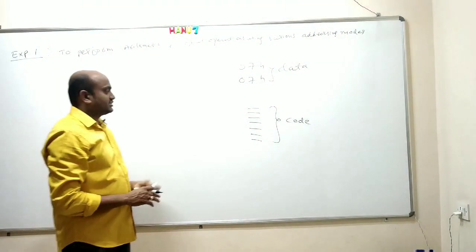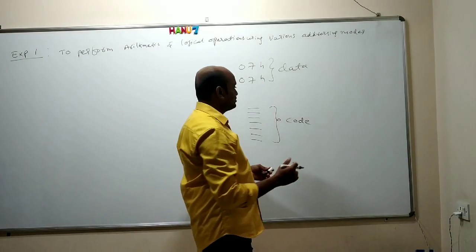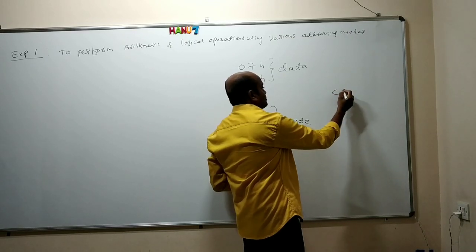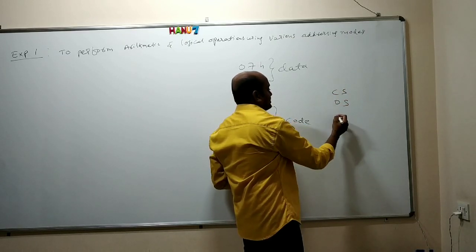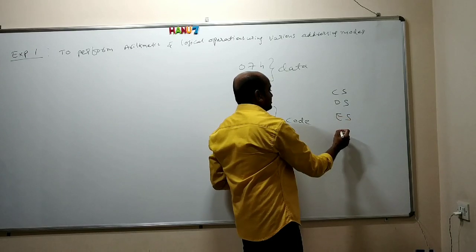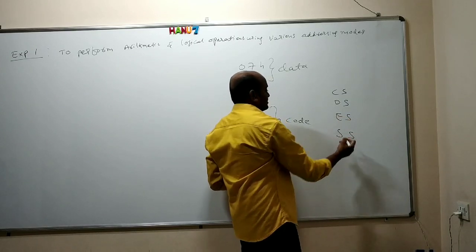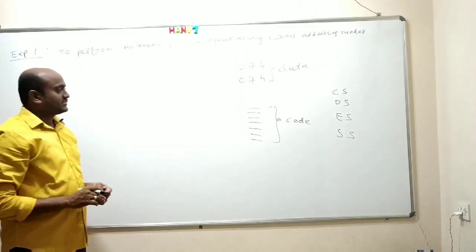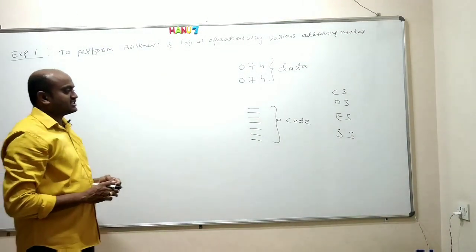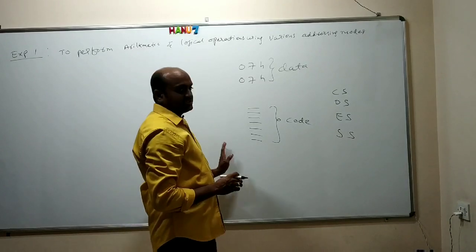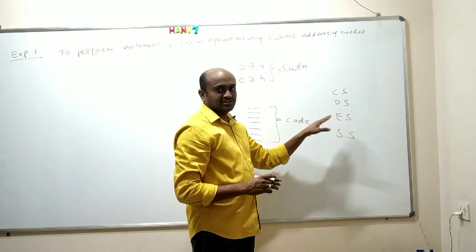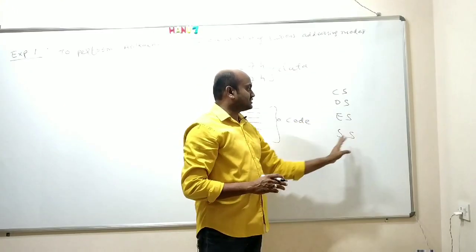Actually, the microprocessor 8086 will use 4 segments: code segment, data segment, extra segment, and stack segment. There are 4 segment registers: CS, DS, ES, SS. These segment registers will help us access the code segment, data segment, extra segment and stack segment, which we will discuss later.